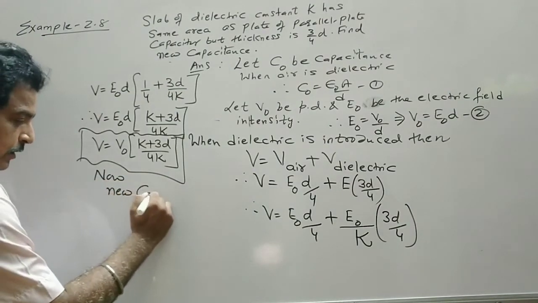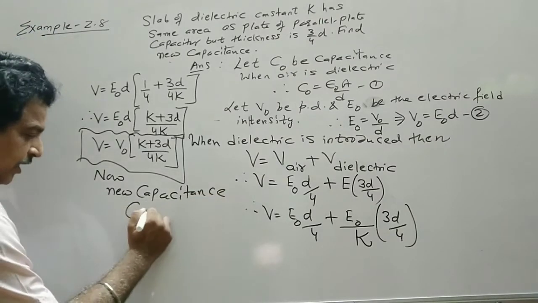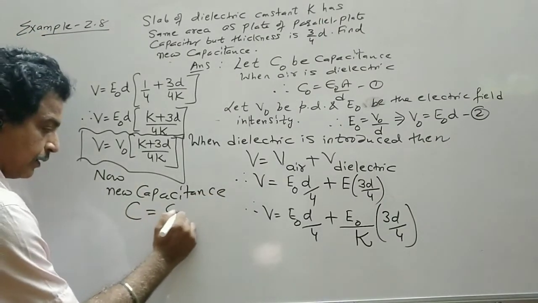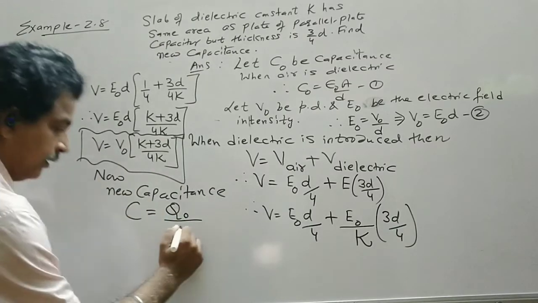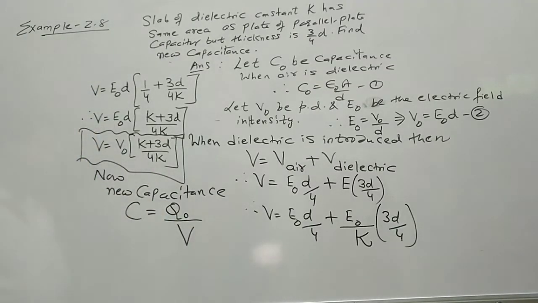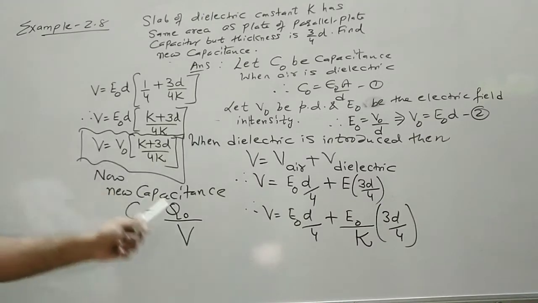Now, the new capacitance when the dielectric is introduced. So C is equal to Q. Now this Q remains unchanged. So it is written as Q naught upon the new V. So we write the new capacitance in terms of charge divided by this new voltage.